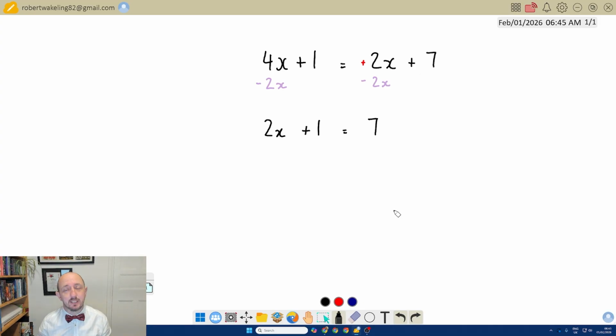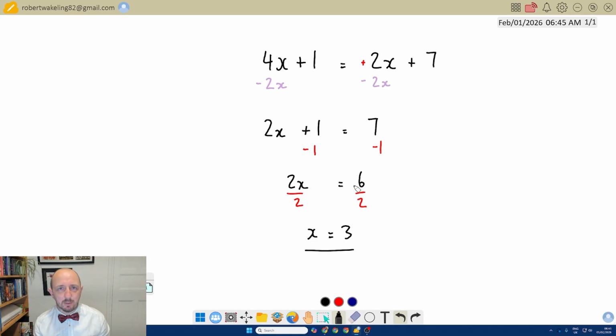And now, just by that one process of basically taking the 2x over to the other side by subtracting, we've now created the same as the first examples, a one-step equation. So we're going to minus 1, 2x equals 6, and then we're going to divide by 2, x equals 3. So you can see that we're building on our skills.